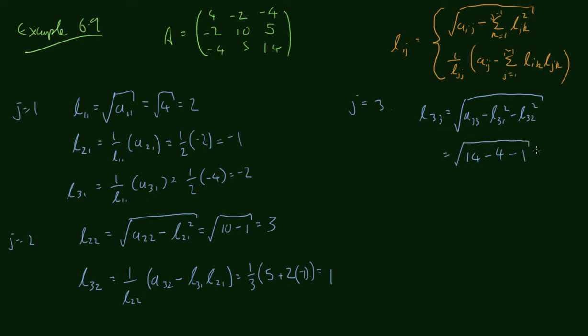So that's root 9, so it's 3. Therefore our L matrix is 2, 0, 0, minus 1, 3, 0, minus 2, 1, 3. Okay, so that's our Cholesky decomposition.